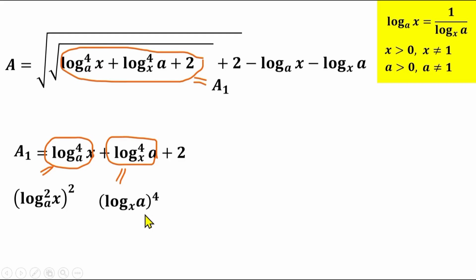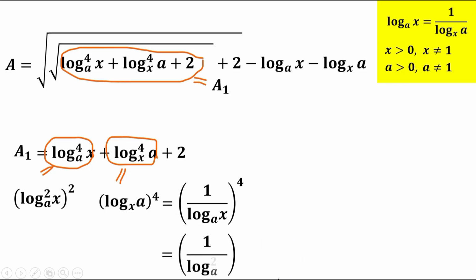Then we replace log x of a using this property. Then we rewrite this expression in the following form and plug in both these answers into the expression for A1.